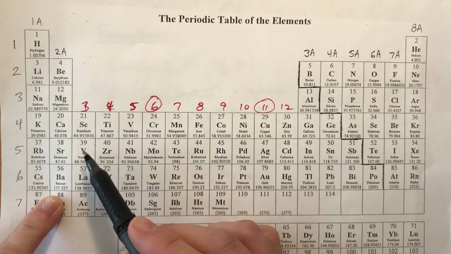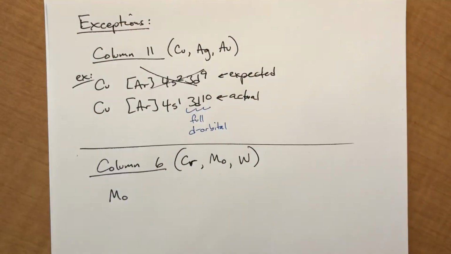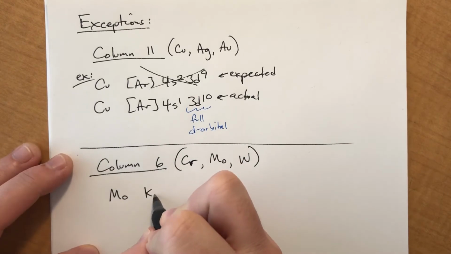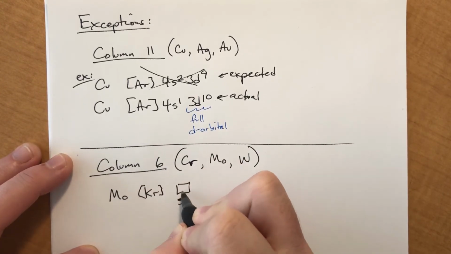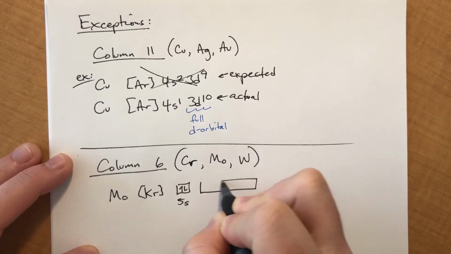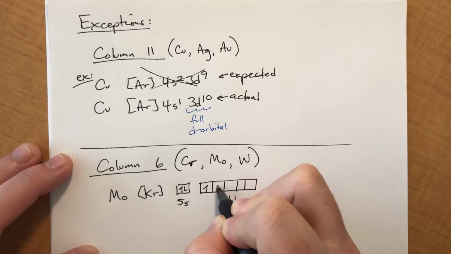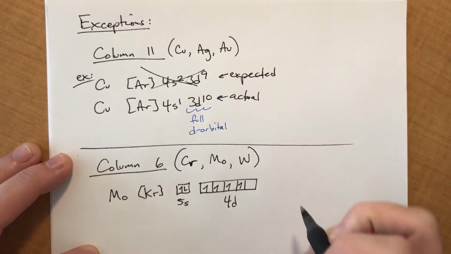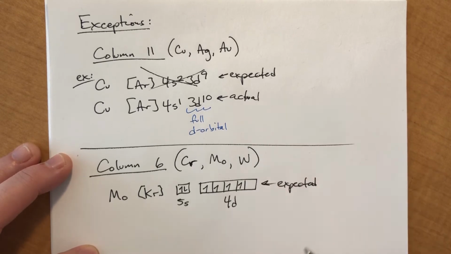So molybdenum is krypton 5s2 4d4. This is the expected answer. And it's the same type of thing.